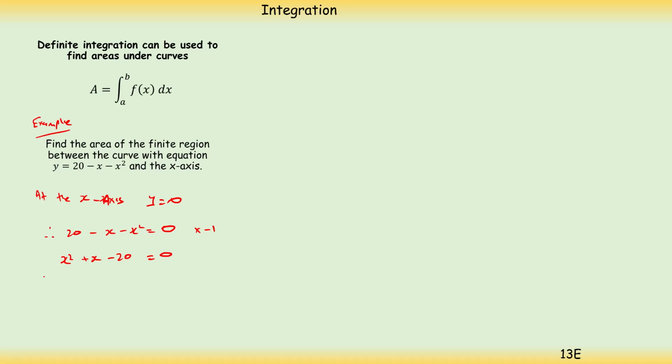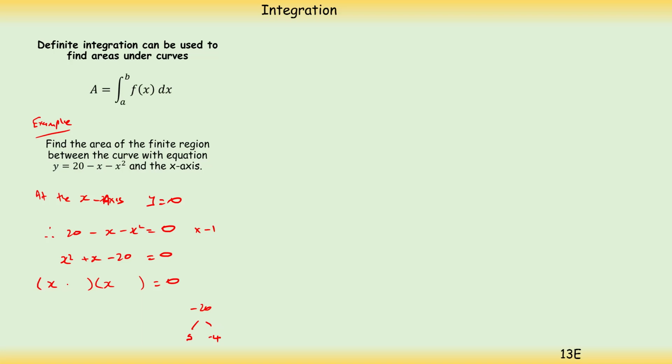Okay, so now I'm going to factorize to get my coordinates. It's x squared, so it's going to be x times x is equal to 0. And I need the factors of minus 20 that are going to give me positive x. So that means I think 5 and 4 will work. To be positive, it's got to be a minus 4.